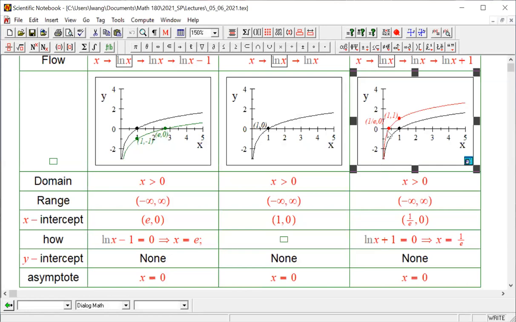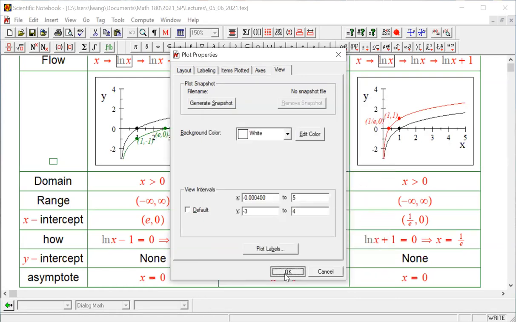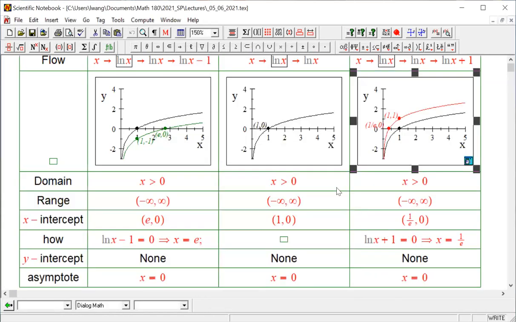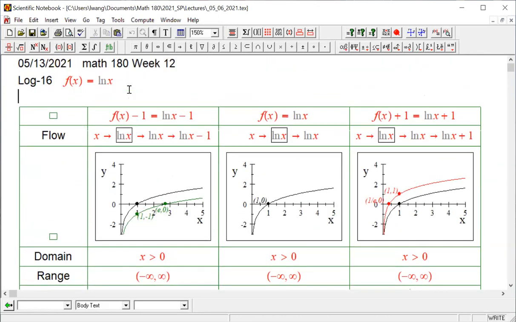I just need to move down a little bit. There. Is that better? Okay, so these are the x-intercepts. Let's hurry a little bit. So this is what we found for that.